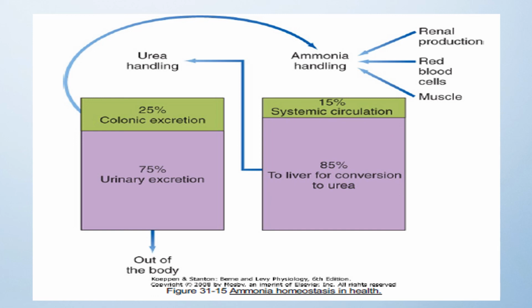So there should be a balance of ammonia. And if the metabolic capacity of the liver is compromised acutely, it can result in coma and death. In cases of chronic liver disease or failure, the patient may experience a gradual decline in mental function, which is called hepatic encephalopathy.